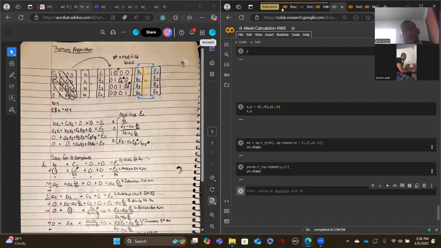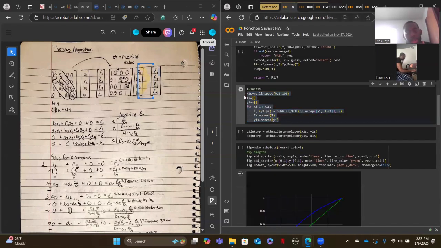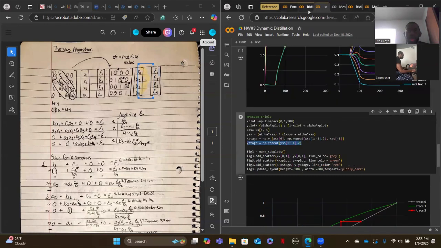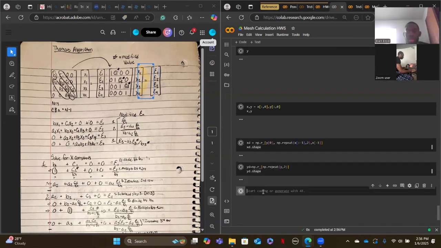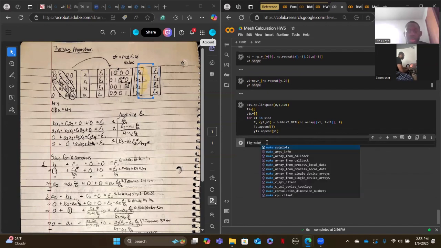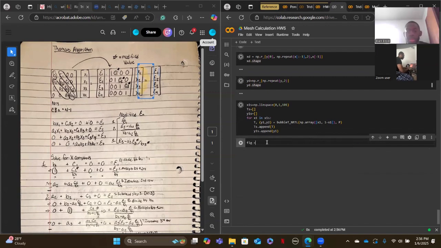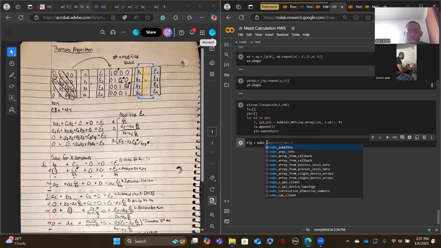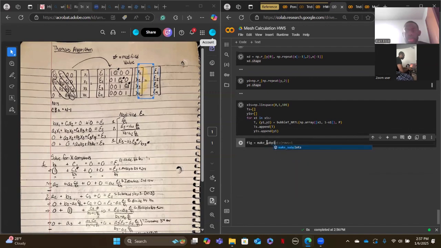I'm just going to copy this now while we're waiting, so I can get straight into it. So to make subplots as well. Make subplots.